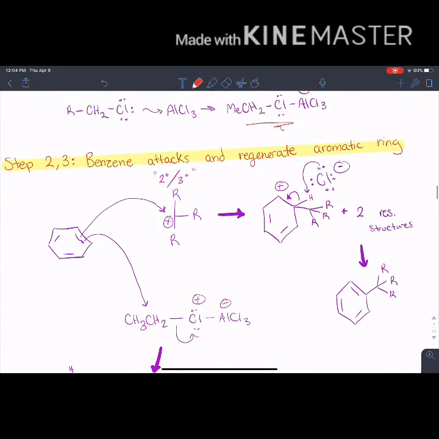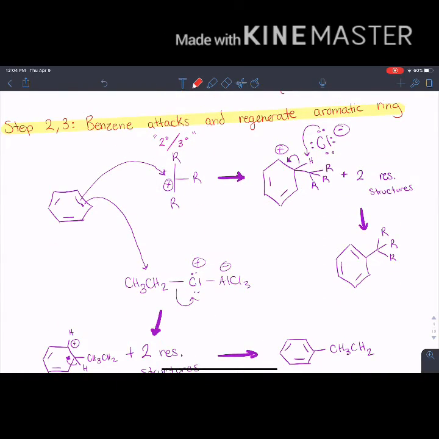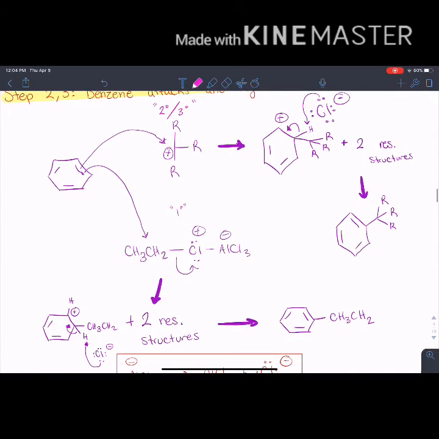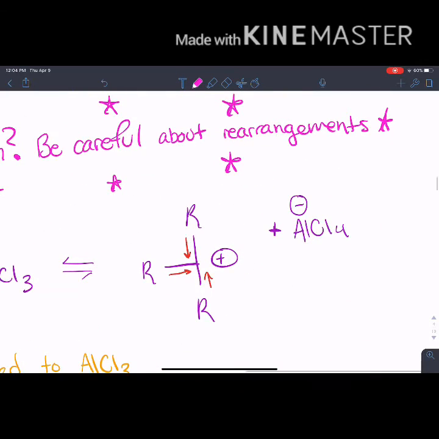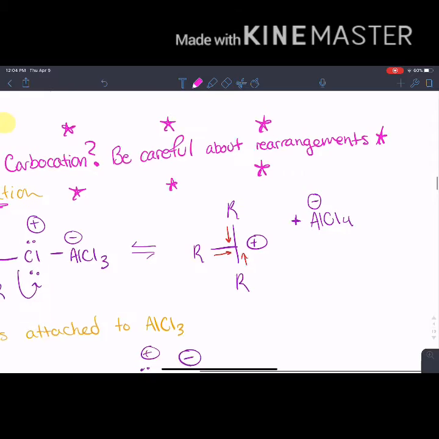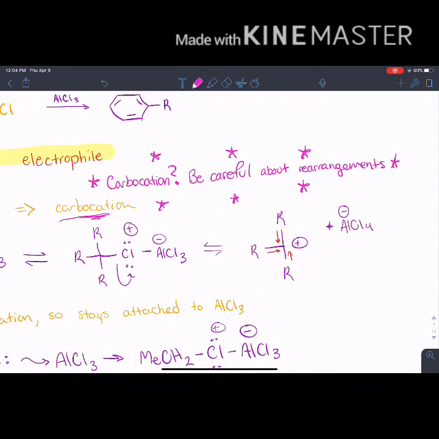So let's attack that electrophile. Regardless of whether you make a secondary or tertiary electrophile or a primary, you're going to get the same result. You're going to add an alkyl chain to the benzene, but be wary of the fact that when you see carbocations, they can be unpredictable, so when you see carbocation, ask yourself rearrangement.